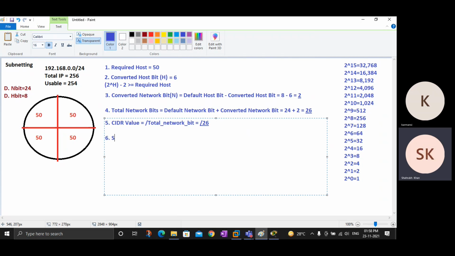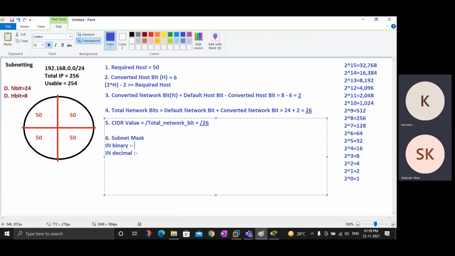Then sixth is subnet mask, in binary and in decimal. In case of binary, from the CIDR value, check what the CIDR value is, slash 26.